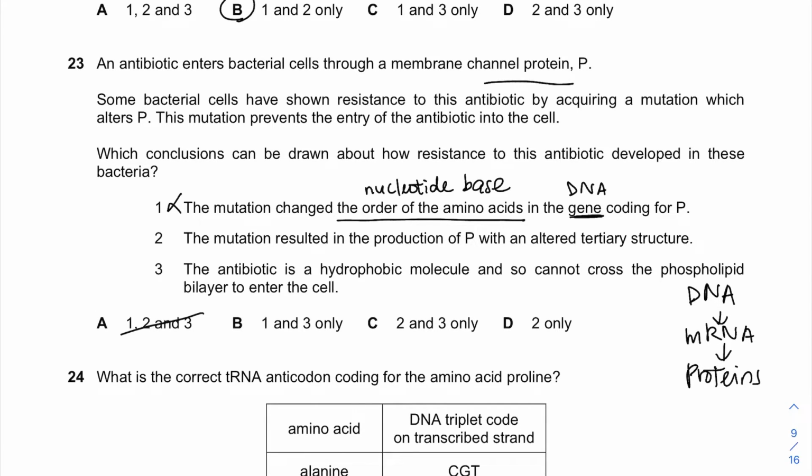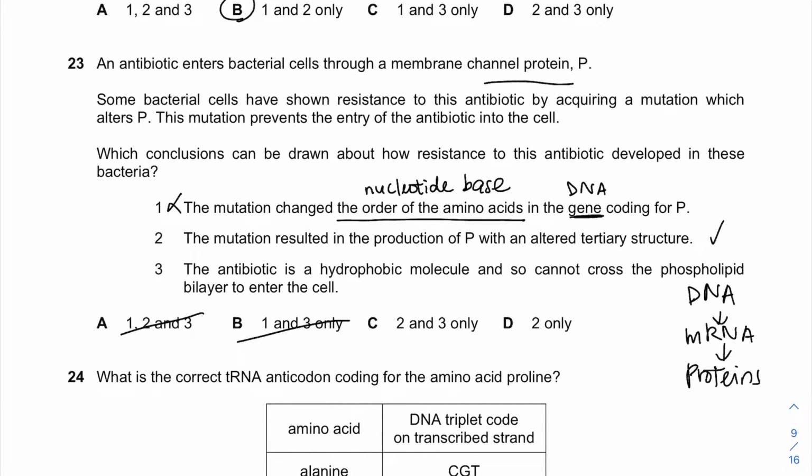Option 1 is incorrect, so let's eliminate. So we've narrowed it down to 2. Based on these two options, we know that option 2 is definitely correct. The mutation resulted in a production of P with a different tertiary structure. Yes, that is correct. The functional structure.